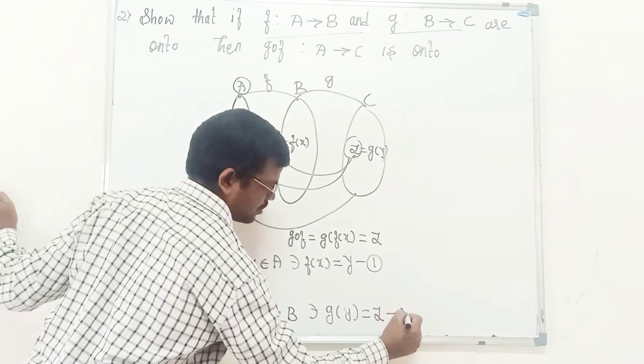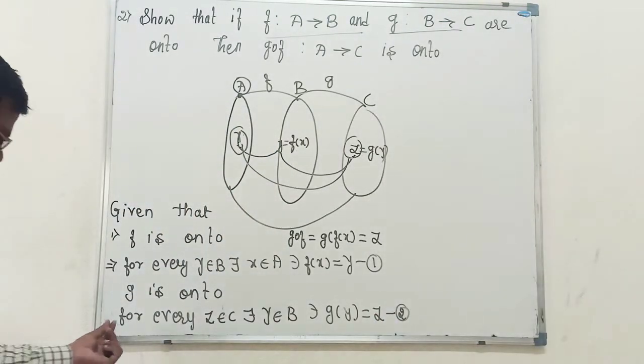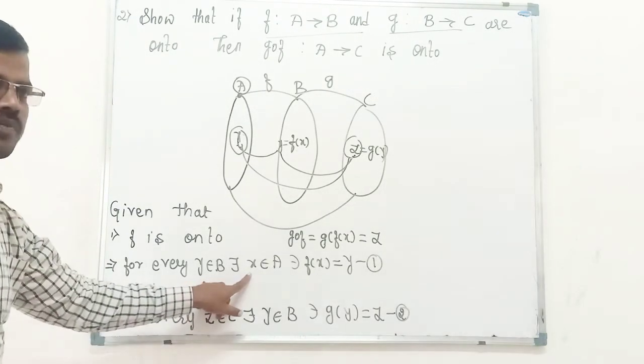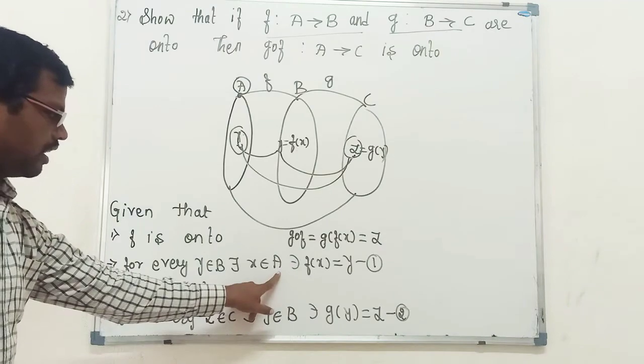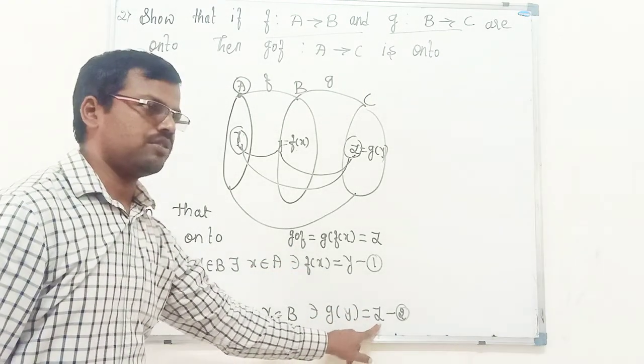Name it as 2. So now we have to say for every z there exists x in the domain A, which is the pre-image of z. We have to show that.